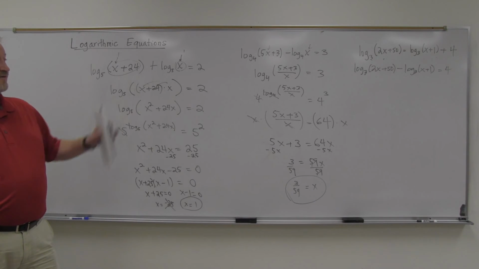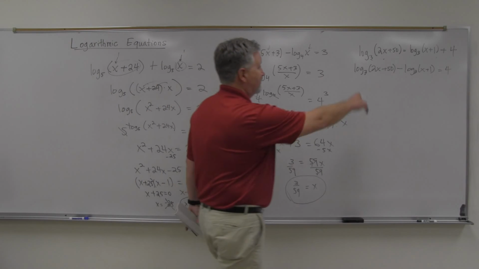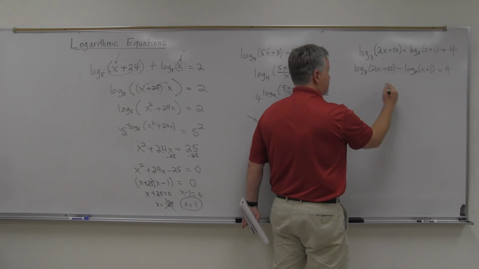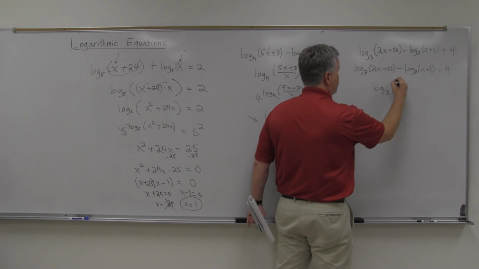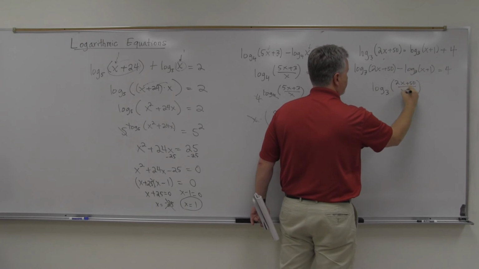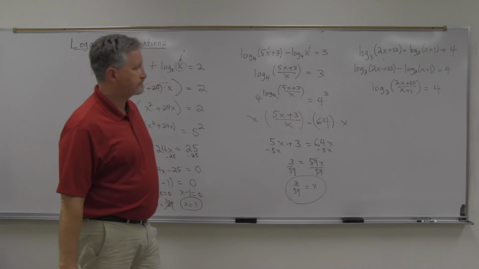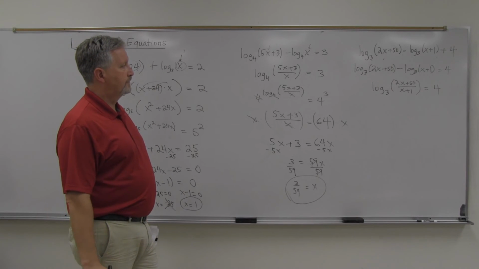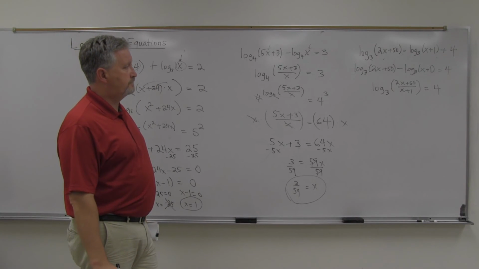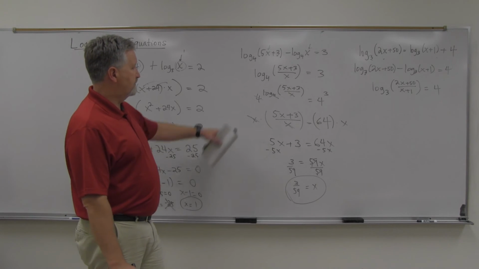Well, now it is like the one we have right here in the middle, isn't it? I've got two logarithms. They are subtracted, so those combine into one logarithm by dividing the inside parts. Now I can exponentiate.